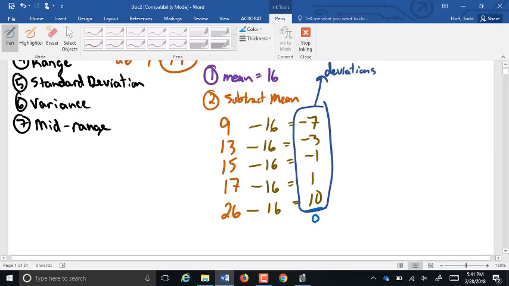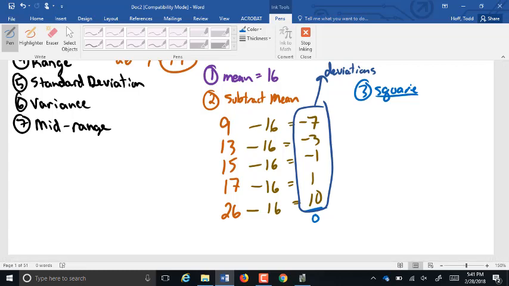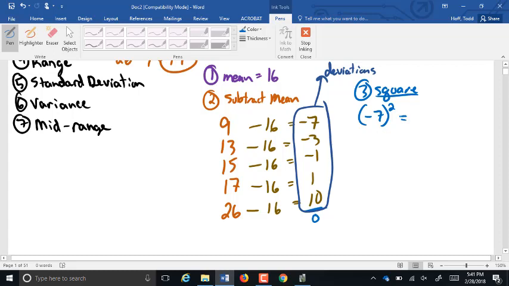Step 3 is to square each. Now, make sure you keep track of the difference between square and square root. Square means multiplied by itself. So negative 7 squared on your calculator, make sure you put it in parentheses. Negative 7 squared should be positive 49.